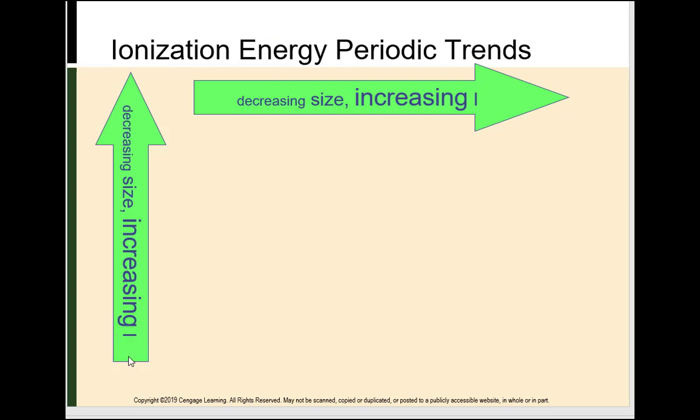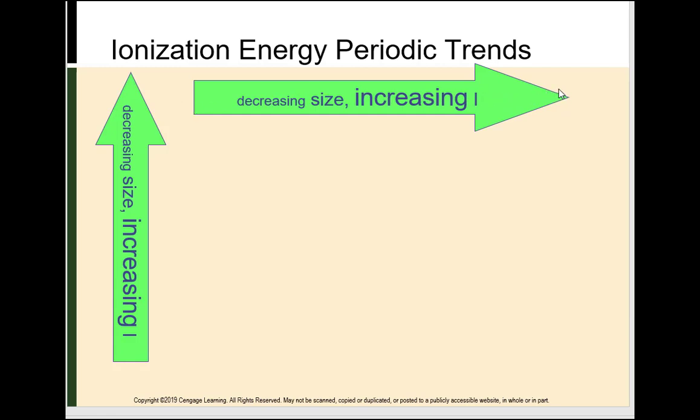Here's our general trend: the smaller the atom or ion, the greater the ionization energy. Again, it's harder to pull away an electron when the atom is smaller because the electrons are so much closer to the nucleus. We have decreasing size as we go to the right, so therefore it's increasing ionization energy, right?